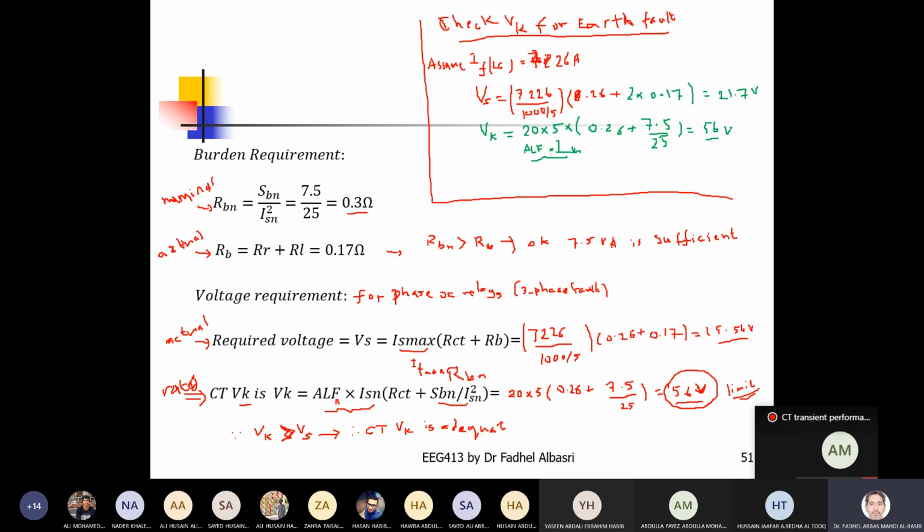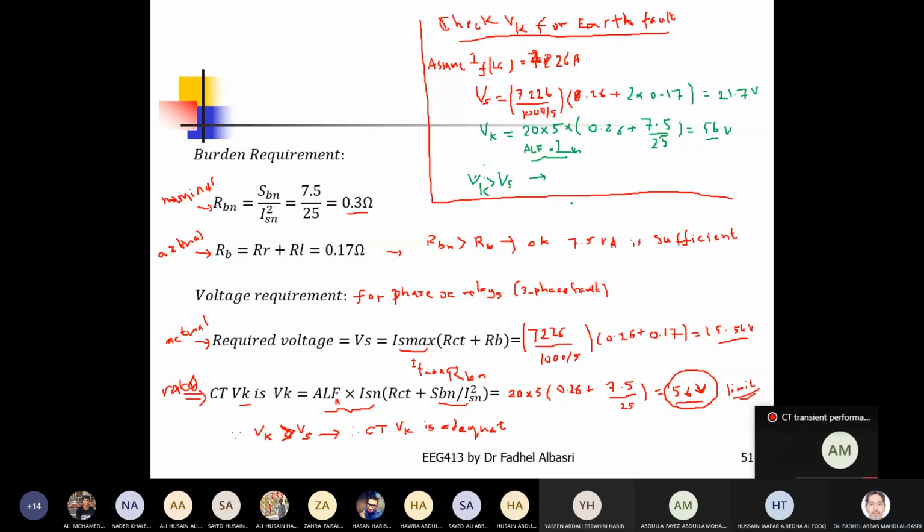So even now, I don't have to calculate, we have already done this. So therefore Vk here is greater than Vs, so it's also adequate.